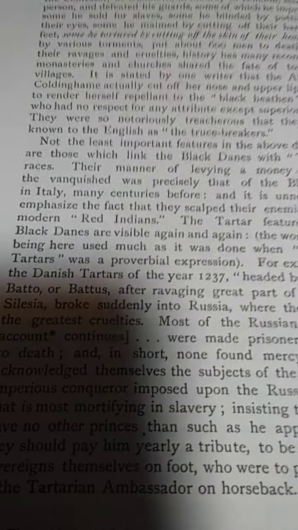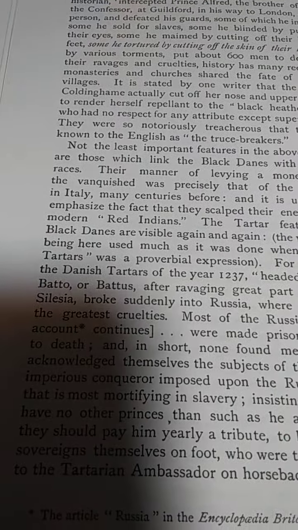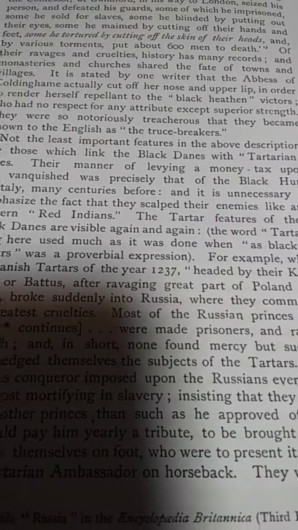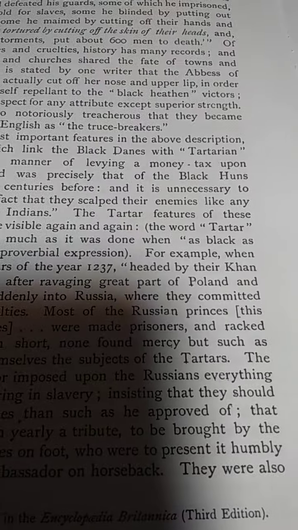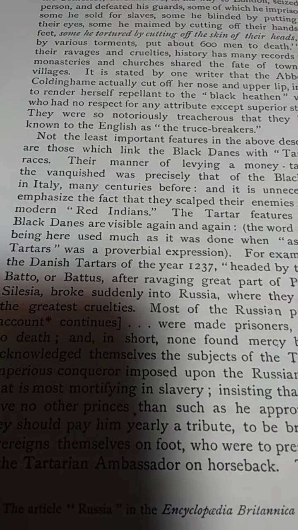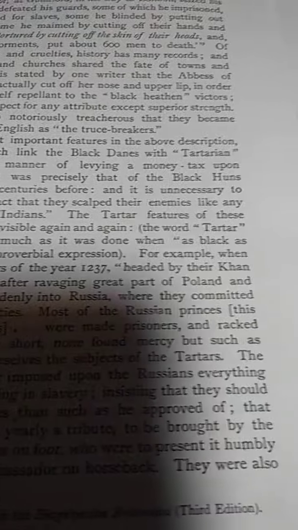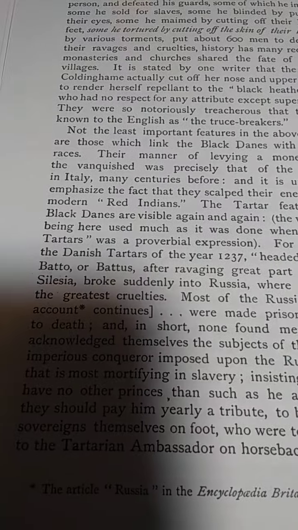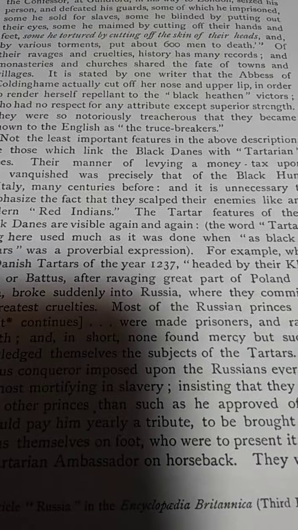Not the least of the important features of the above description are those which link the Black Danes with Tartarian races. Their manner of levying a money tax upon the vanquished was precisely that of the Black Huns in Italy many centuries before.